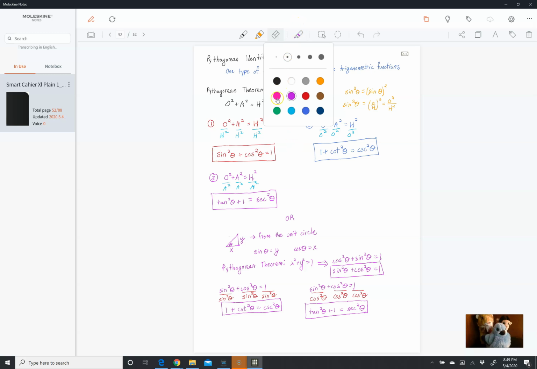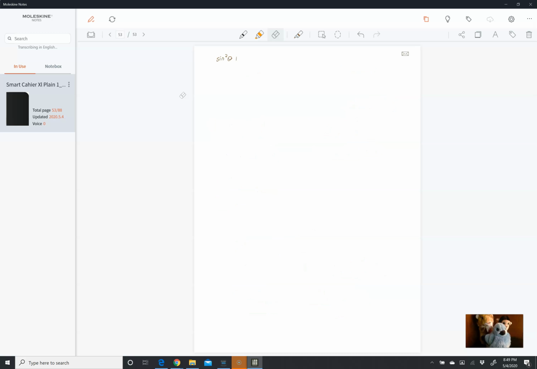So let's just review that, okay? So our first identity is sine squared plus cosine squared theta is equal to 1. But we can also write this in two other ways, because what we can do is subtract cosine squared theta from both sides.